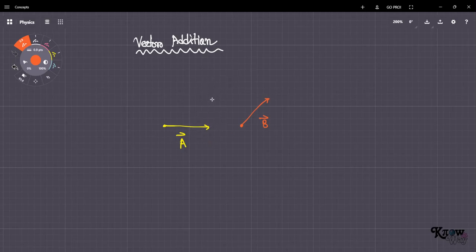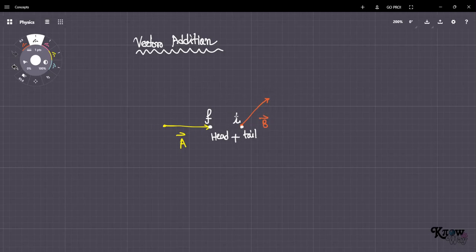In case of adding the two vectors, you have to remember that you have to add the head of a vector to the tail of another vector. That is very important. The head-tail method says that we have to add the head of a vector to the tail of another vector. That means the final point of a vector to the initial point of another vector.